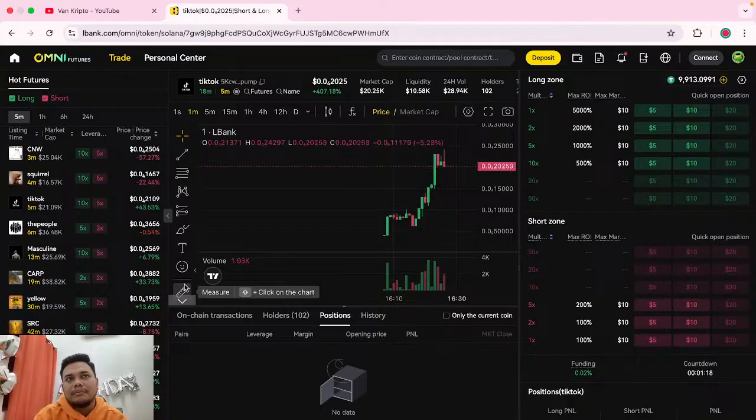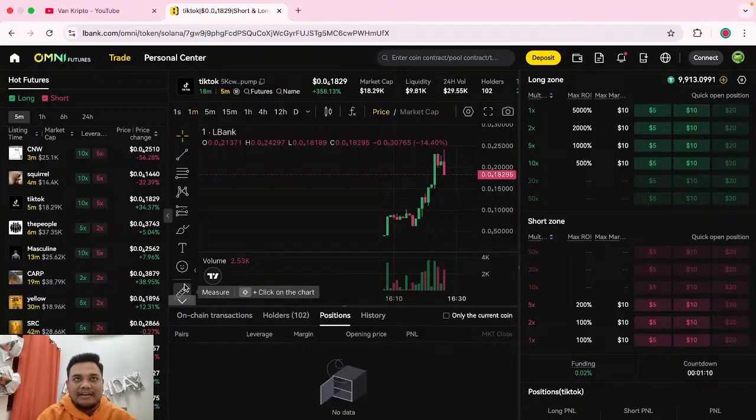Because the meme coins possibly will not give you a good narrative, and also depend 100% on the memes or the hype that has been made by someone or the individual that raised this token.